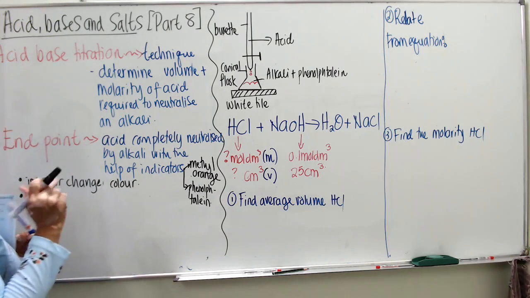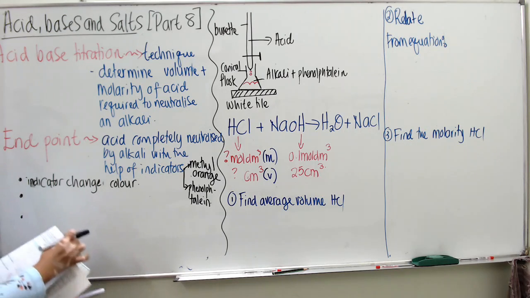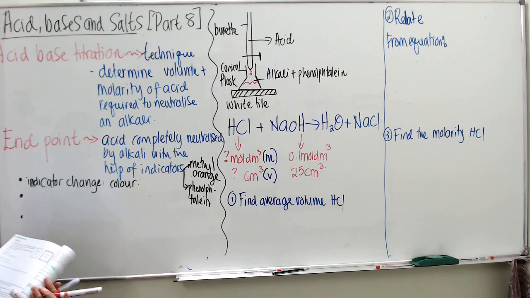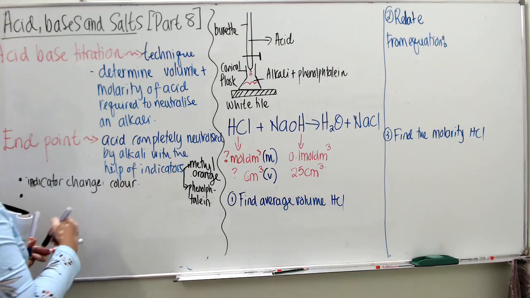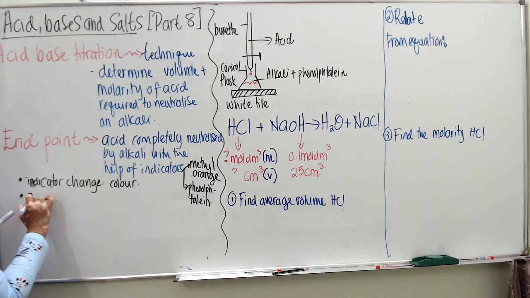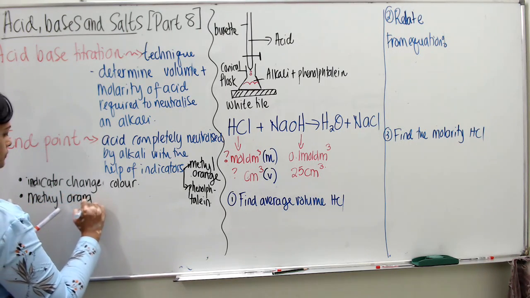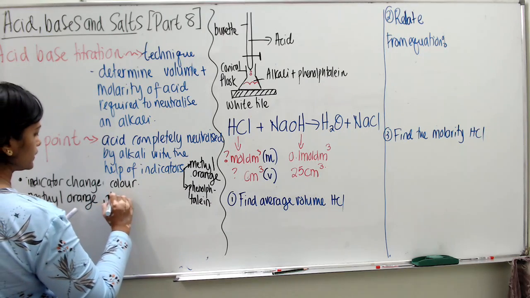Now, let's go to second. What happens when you go through titration method? The commonly used titration indicators are methyl orange and phenolphthalein.